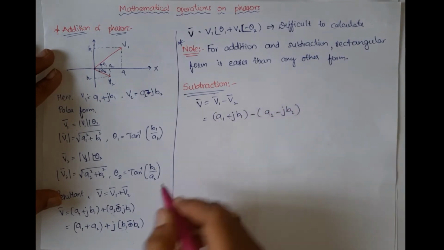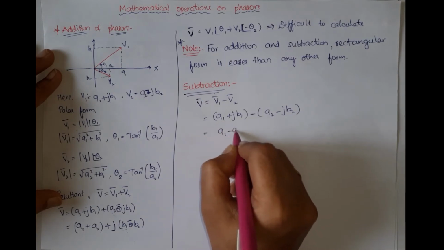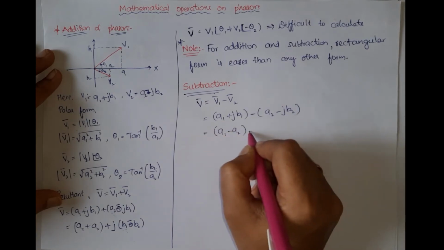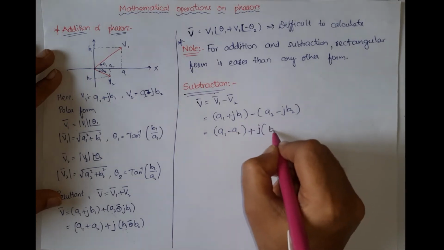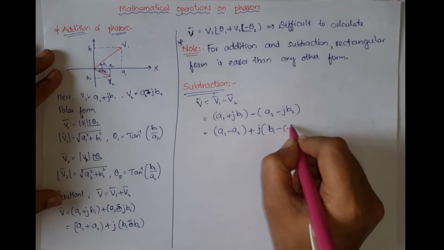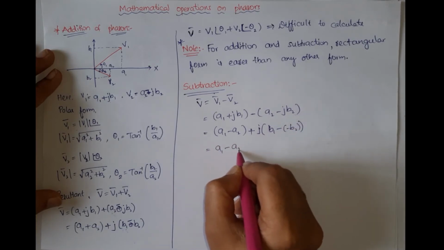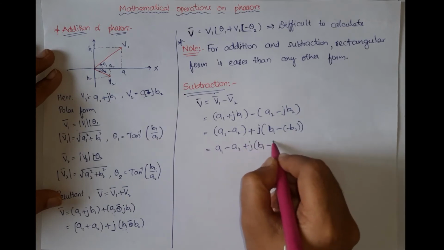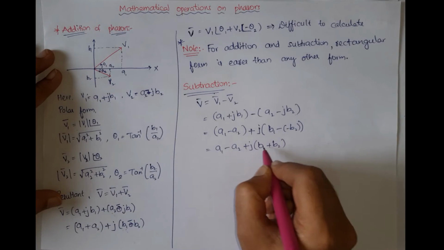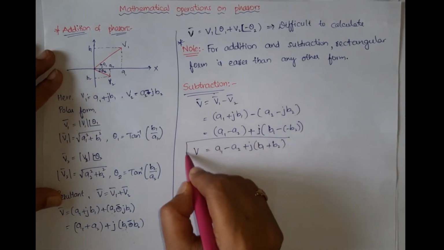So we get A1 minus A2 plus, taking j common, B1 minus of minus B2. That gives you A1 minus A2 plus j into B1 plus B2. So this is the vector subtraction.